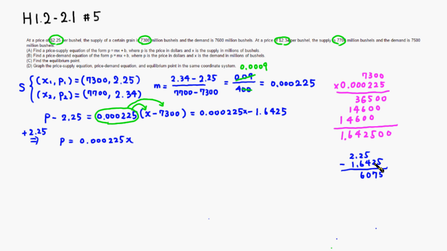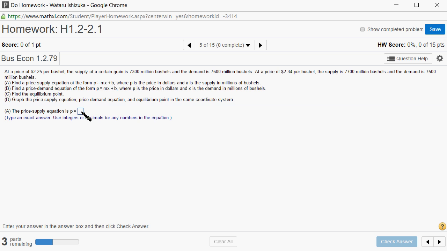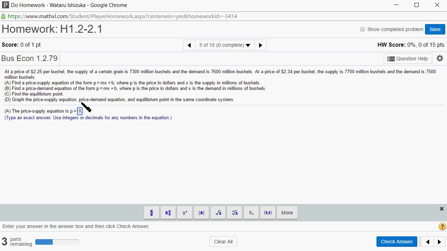So it's going to be 0.6075, so plus 0.6075. Right, so let's type it in. P we found to be 0.000225x plus 0.6075. Right, so let's check the answer.